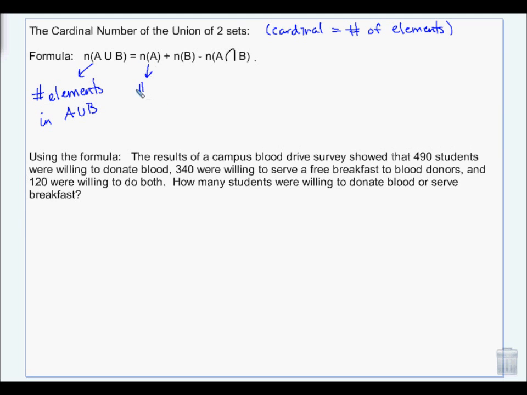This is the number of elements in A, number of elements in B, and we're going to subtract from that the number of elements in A intersect B. Okay.